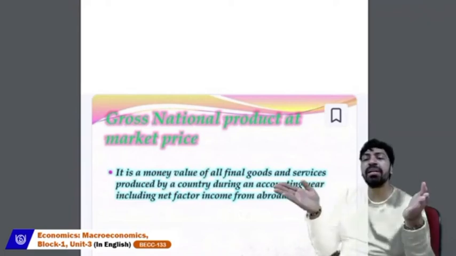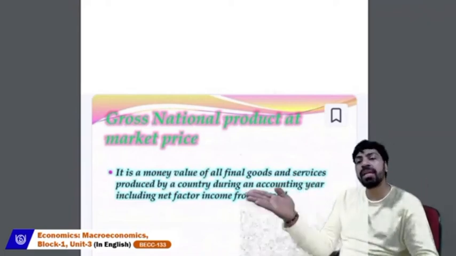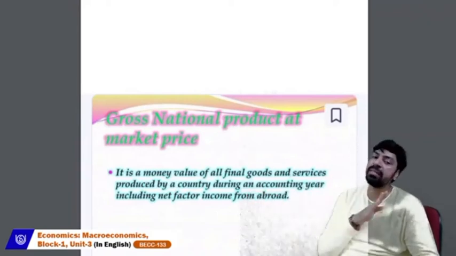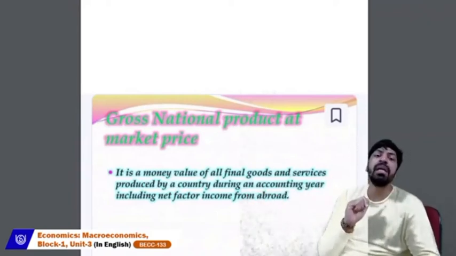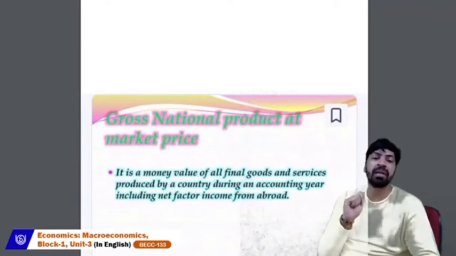Whatever earnings they get within the country or from outside the country always include in the gross national product at market price.